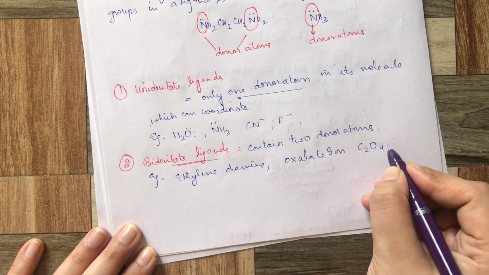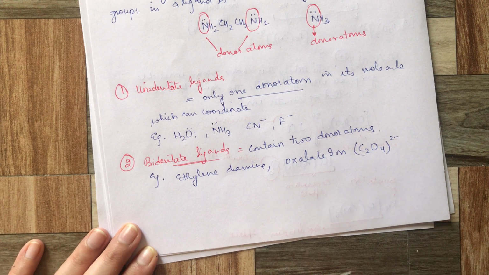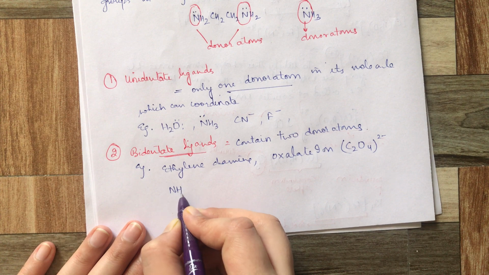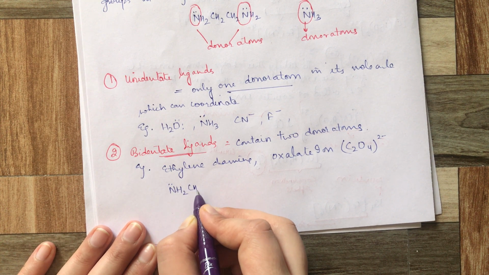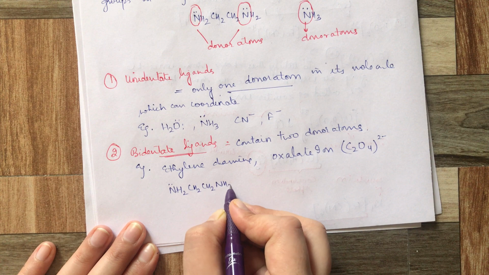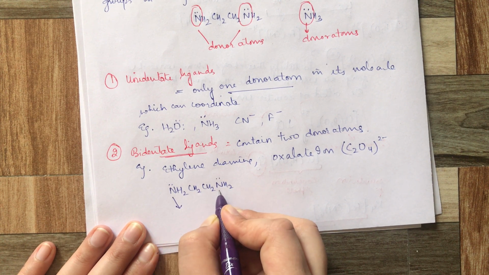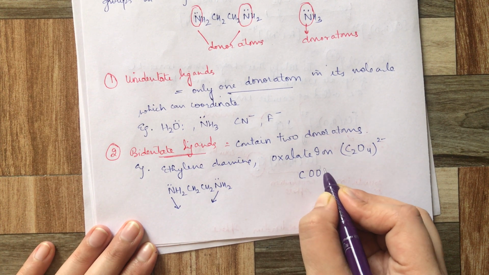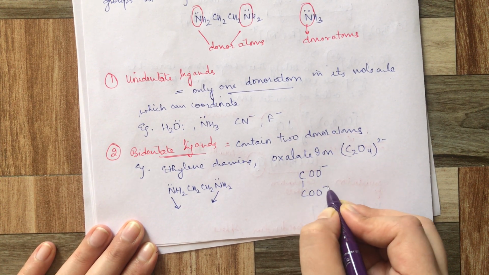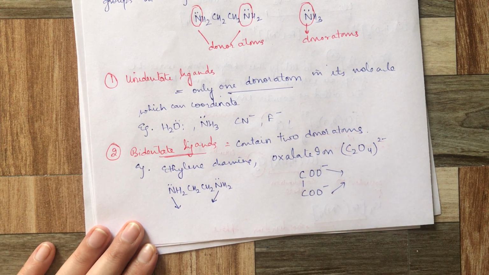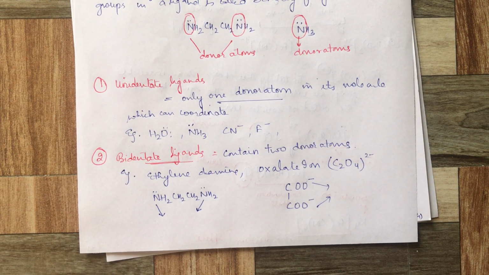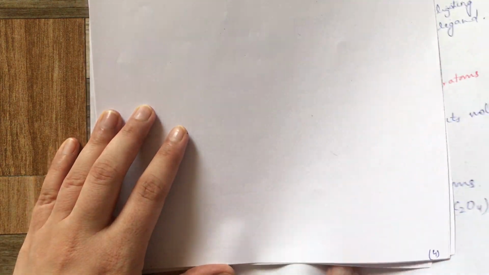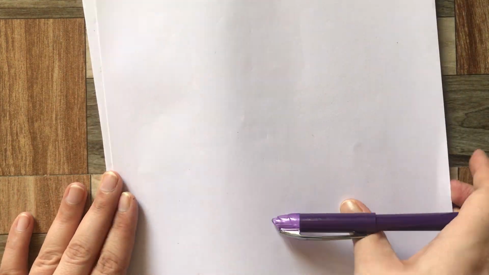Oxalate ion is C2O4 2 negative. This is the oxalate ion. So these two donor atoms in ethylene diamine, and if we talk about oxalate ion, these are the donor atoms, right? So these bind to the metal through two donor atoms, right? Now this was about the bidentate ligands.